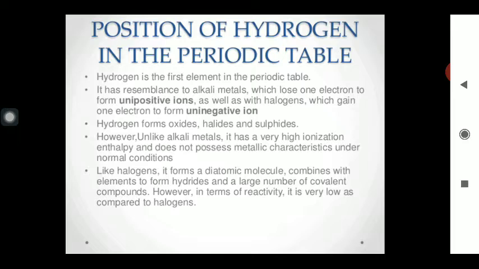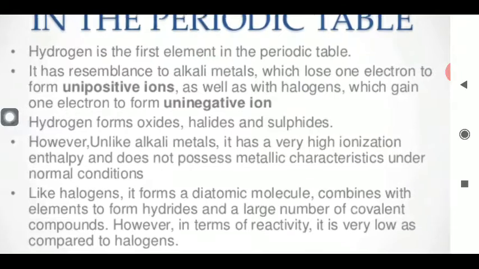Hydrogen can combine with electronegative elements and form compounds like HCl. It can form compounds like H2O, and H2O is one of the most versatile compounds of hydrogen. So first of all, we are discussing the position of hydrogen as an s block element.